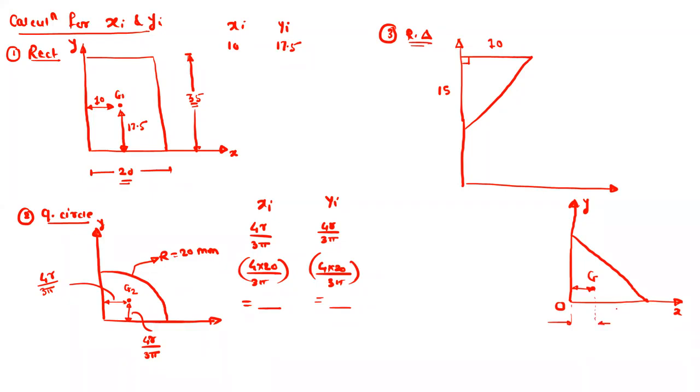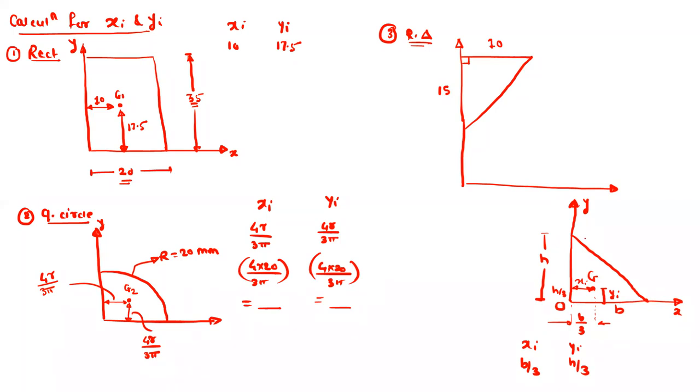If this base is b and this height is h, the x coordinate will be b by 3 and the y coordinate will be h by 3. So always remember, from 90 degree, distance of center of gravity will be h by 3 and b by 3. So here xi will be b by 3 and yi will be h by 3.